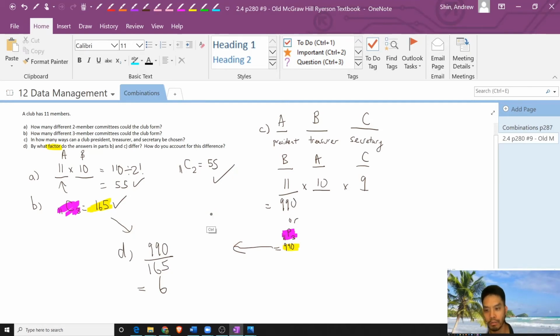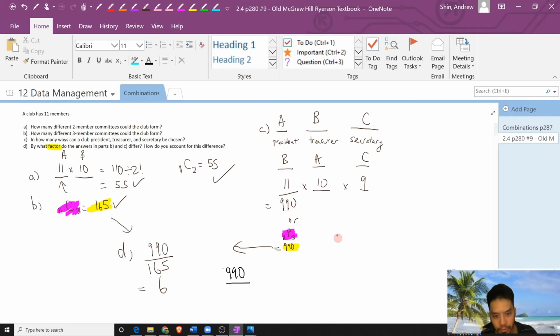You just have to remember that a combination is a special version of a permutation in which order does not matter. If I take this 990, we don't care what order these things are, because in combinations, in part B, we're just choosing any 3 members. They're all part of the committee, they're all equal.